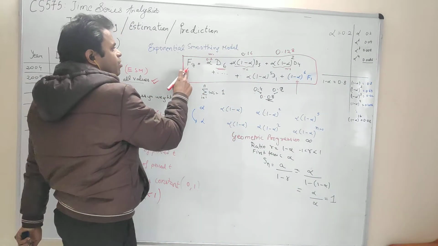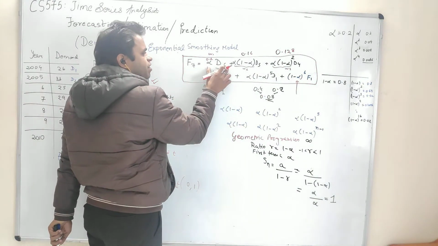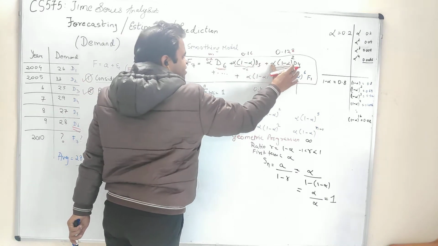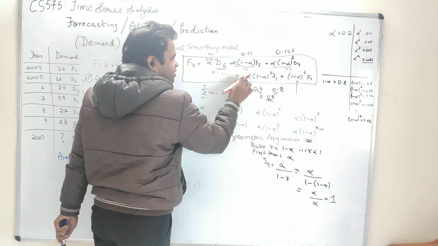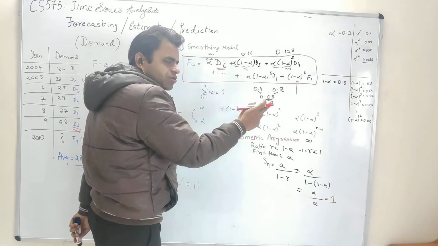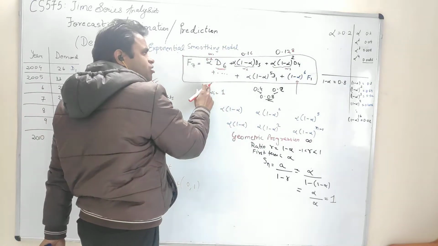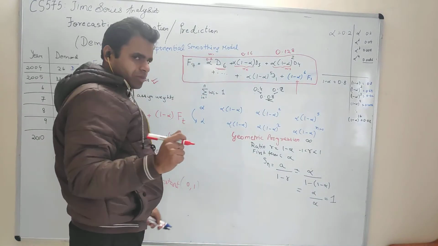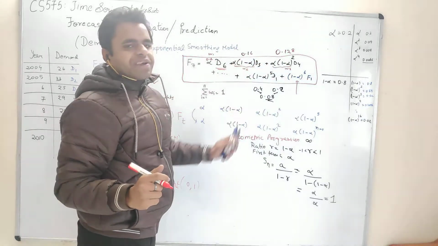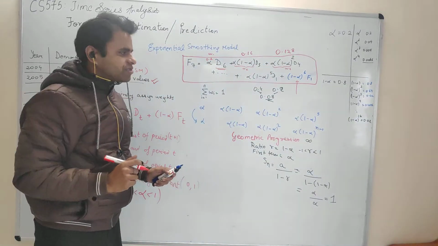So the next contribution ideally will have a higher weightage to the value D6, lesser to D5, even lesser to D4, even lesser to this, and the least to D1. So we consider all the values in exponential smoothing, and also we assign progressive weights. We keep on decreasing the weights for the further values. Fine.